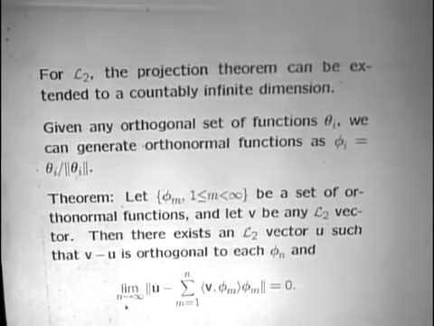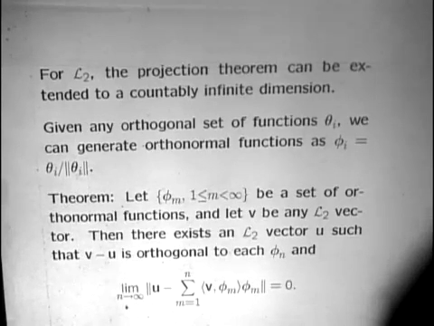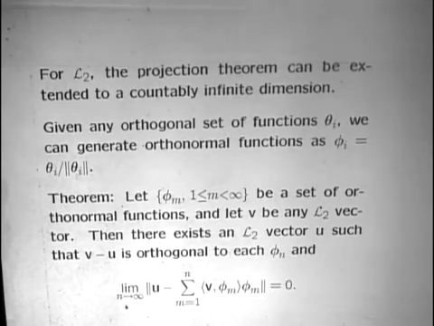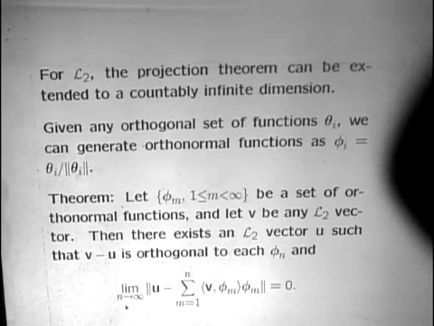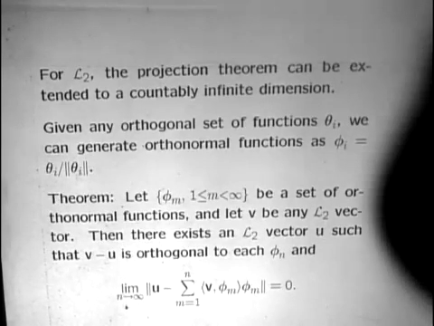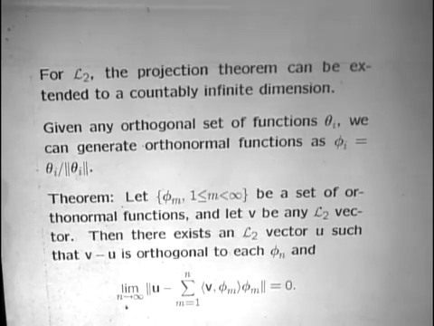I can now think of doing the same thing that we did before, namely starting out, taking any old vector I want to, and projecting it first onto the subspace with only phi1 in it, then the subspace generated by phi1 and phi2, then the subspace generated by phi1, phi2, and phi3, and so forth.